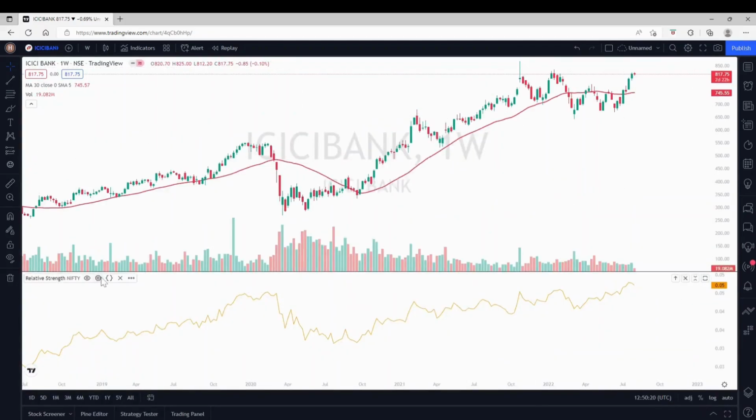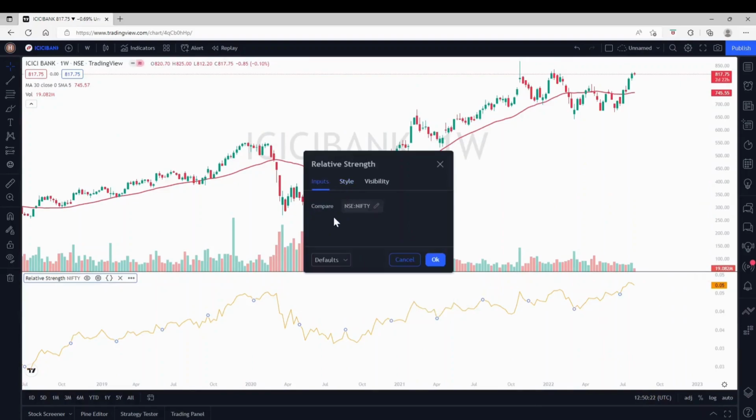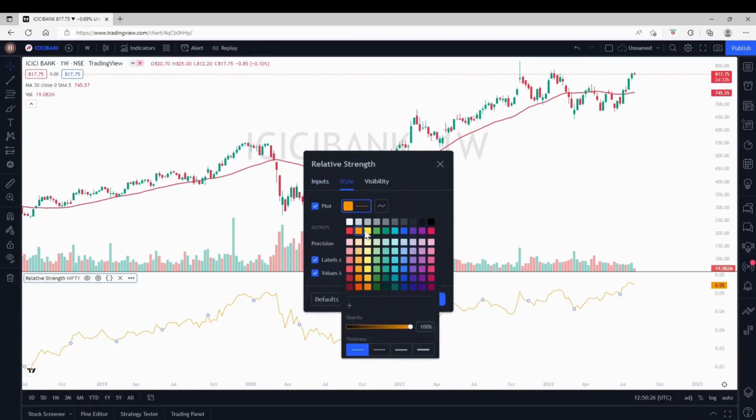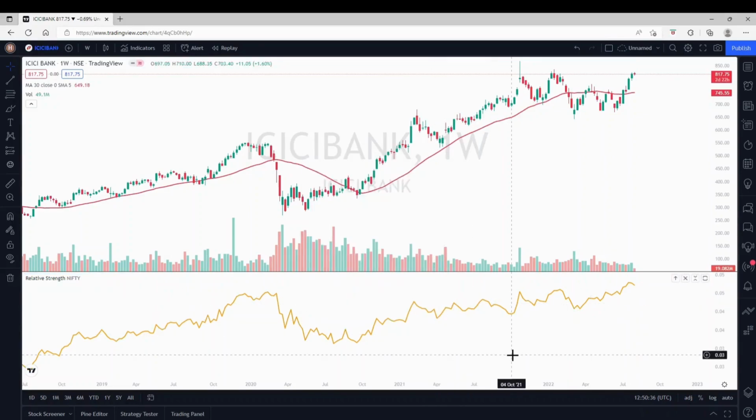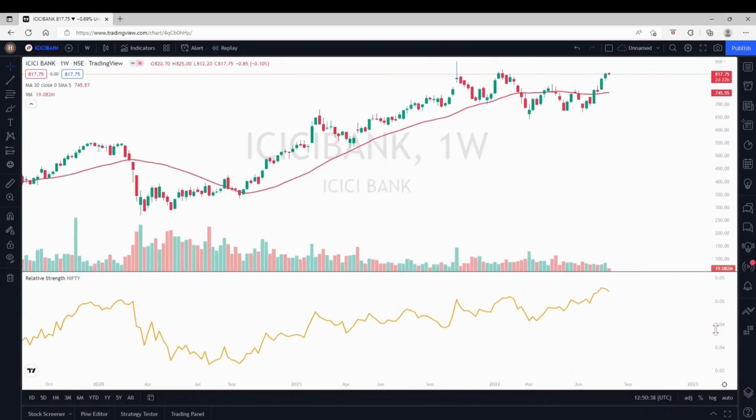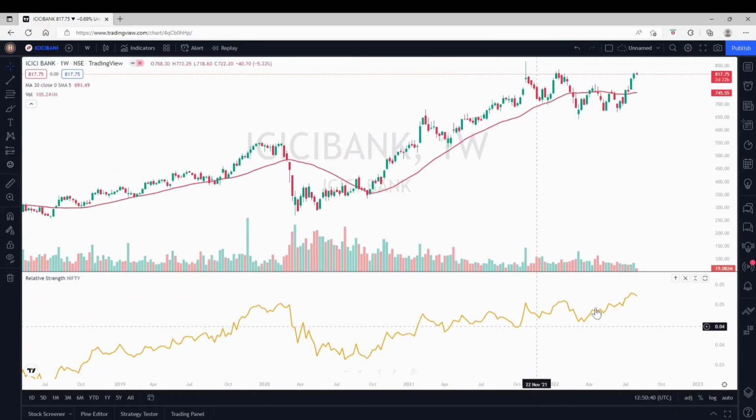So see, the relative strength line, which is basically comparing against Nifty 50, has been added. We can increase the thickness if we want. Over here we can see a rising relative strength line.